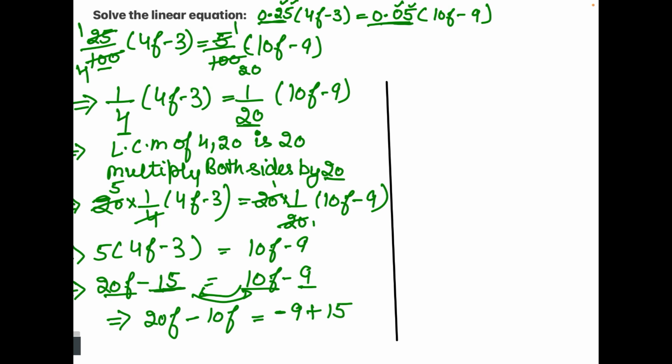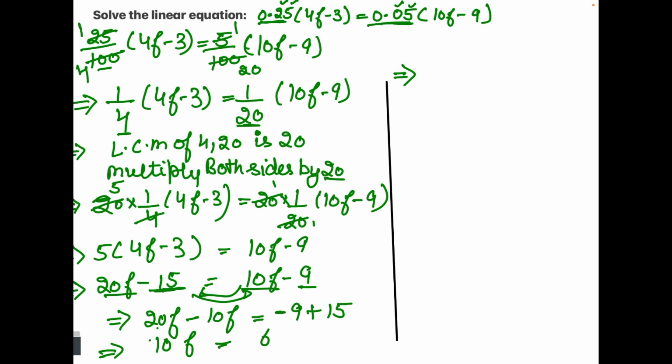So when we shift any constant or variable to the other side, their sign always changes. 20 minus 10 is 10f is equal to minus 9 plus 15, which is 6.